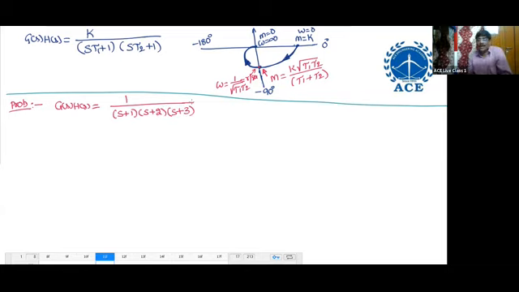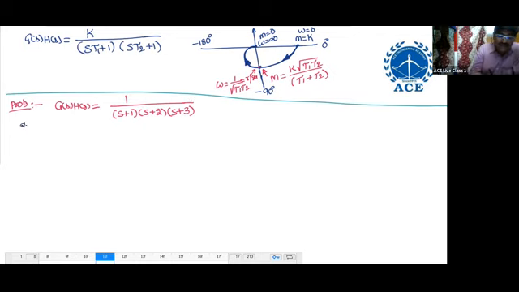Come on, draw the polar plot. So what happened?